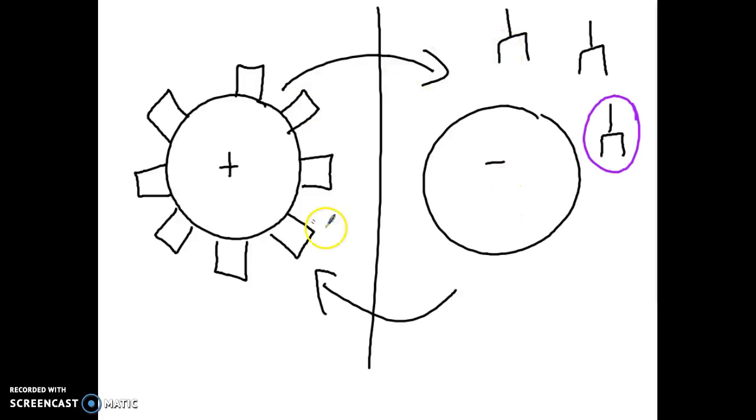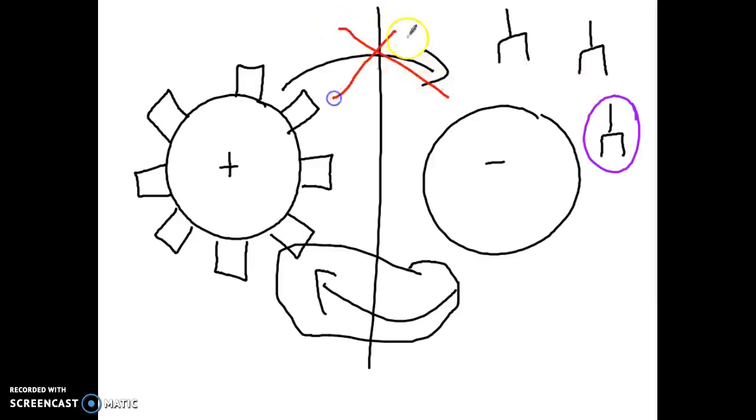If you go from right to left, there are no antigens on this cell and there are no antibodies over here. So this way is good. So positive to negative does not work. Negative to positive is more appropriate and is acceptable to do.